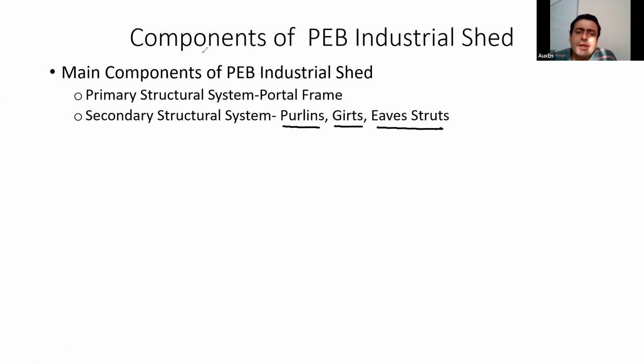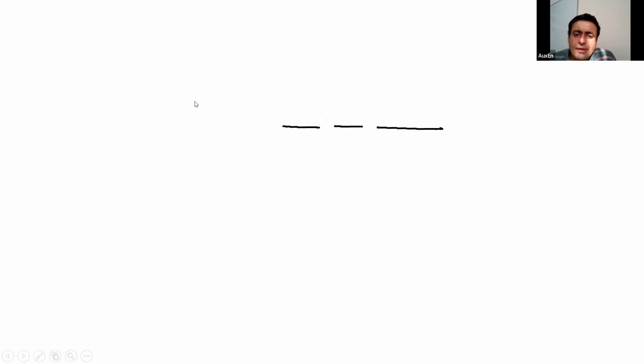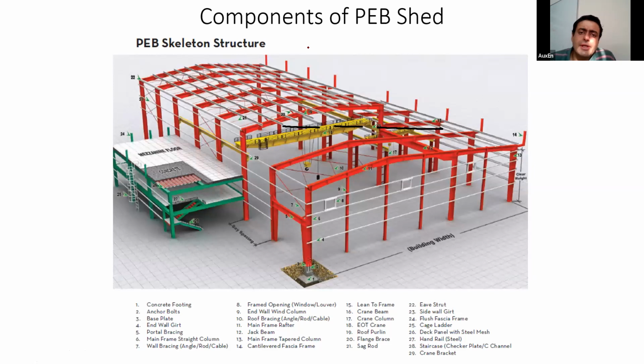What is the meaning of purlins, girts, and eave struts? I'll go back, and in this diagram, I will try to explain. Can you see this diagram on your screen? Okay, so this system that you see, which I am highlighting in blue color, what will this be called? Yes, tell me.